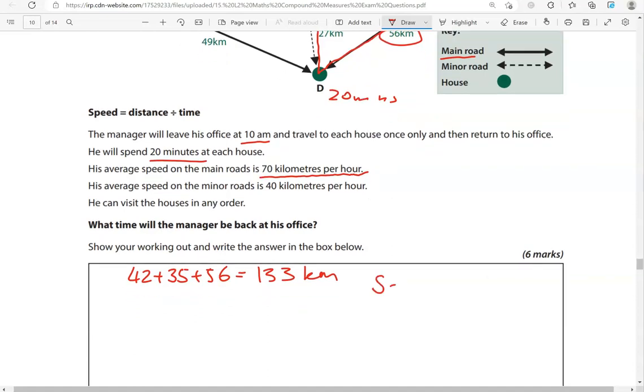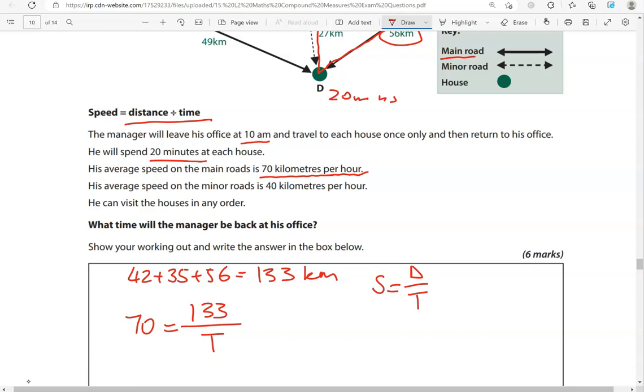So speed is equal to distance divided by time. So we know the speed is equal to 70 kilometers per hour. Distance is 133 kilometers. We don't know how long it's going to take.